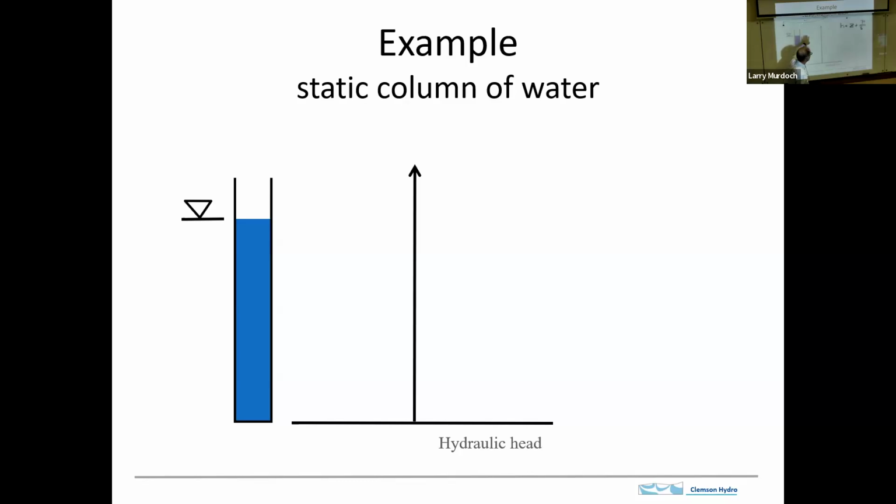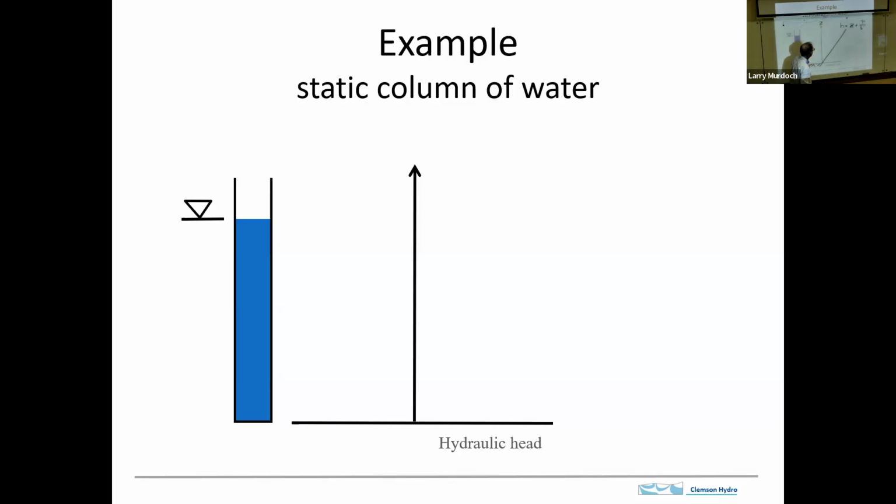What we can do is plot these terms individually. This would be Z, the vertical direction, and this is a reference datum. If we plot Z as a function of Z, that would be a line with a slope of 1.